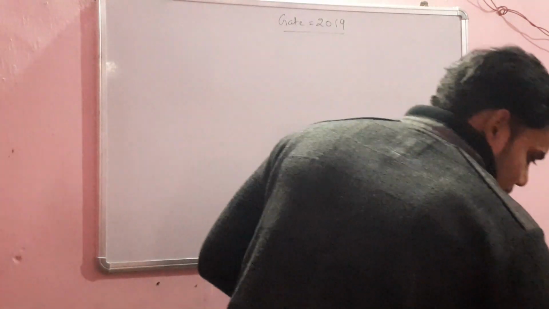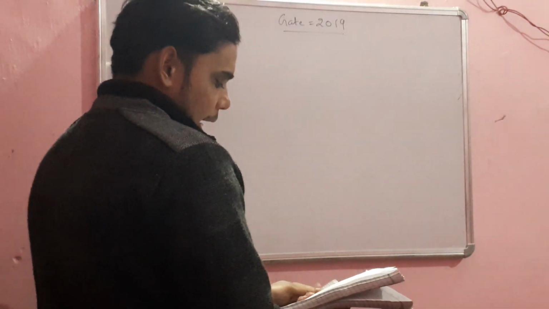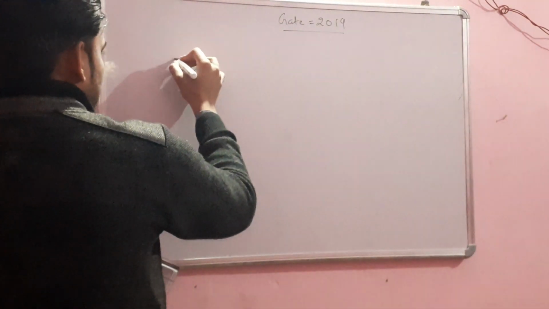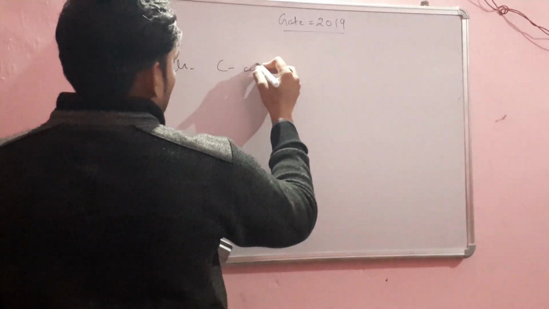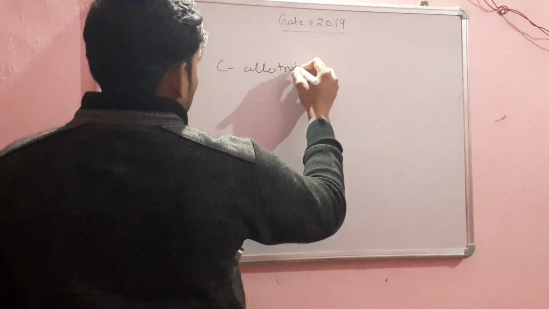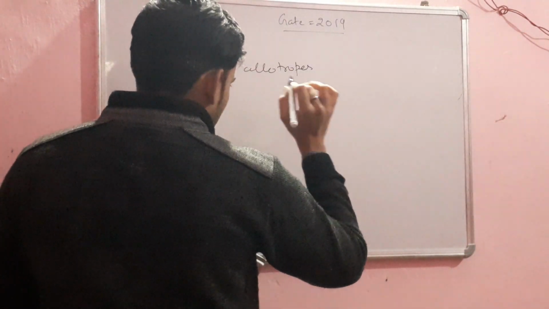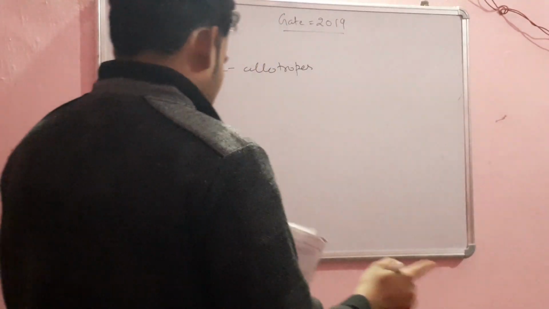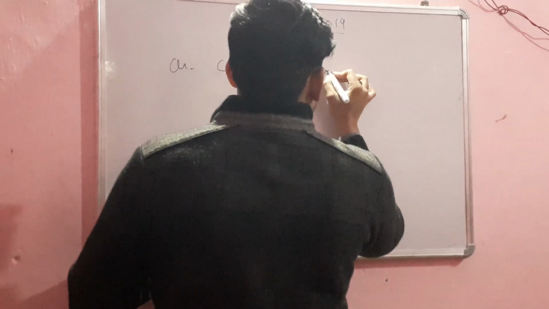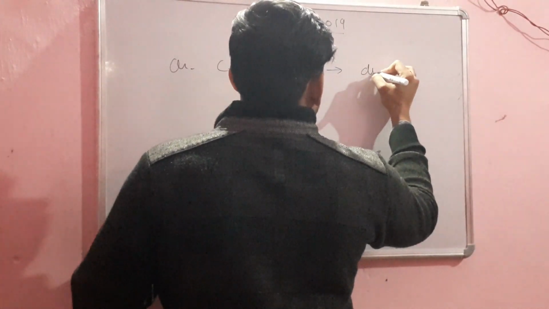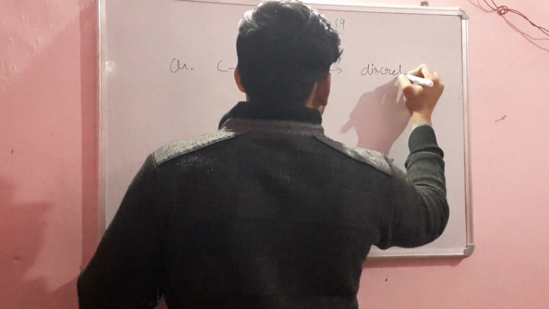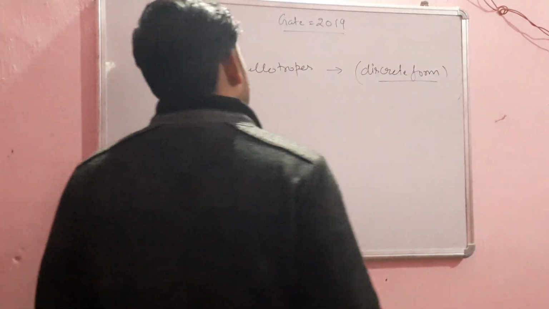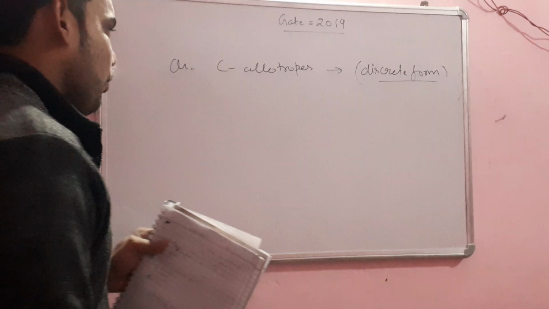The next one is allotropes. The question says we have carbon allotropes here. You need to know about the allotropes of carbon and their properties. So the carbon allotrope is given, and you have been asked which form is present in the discrete form.